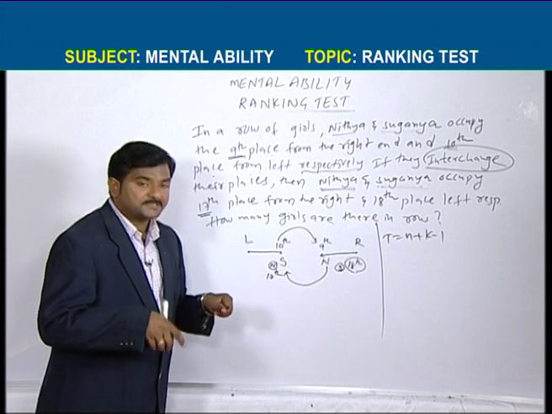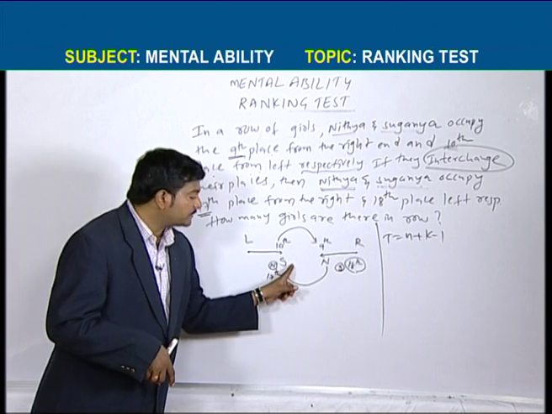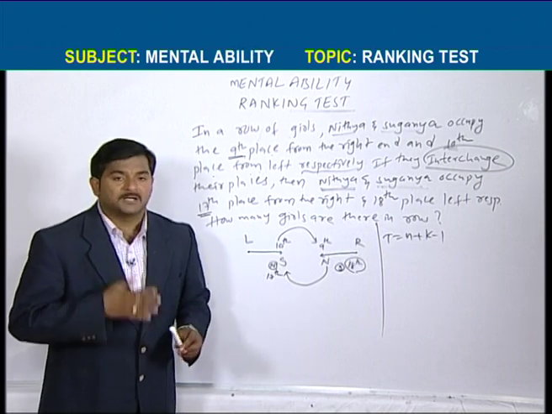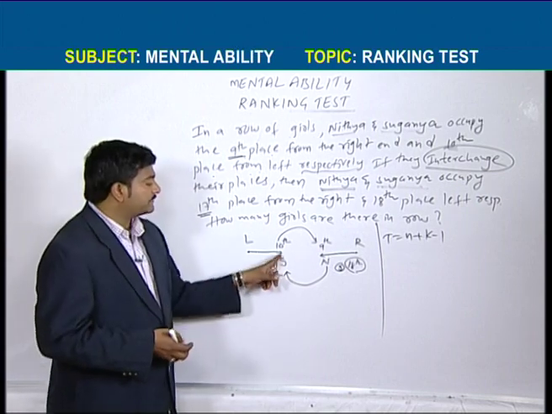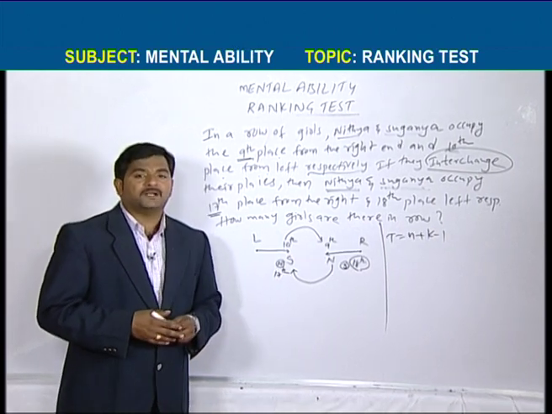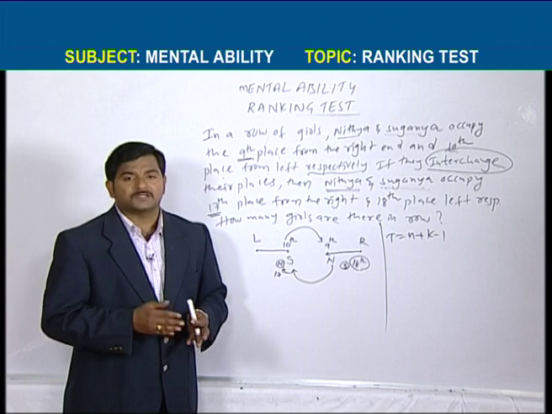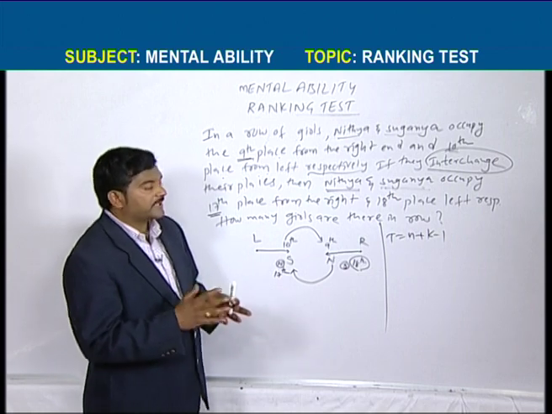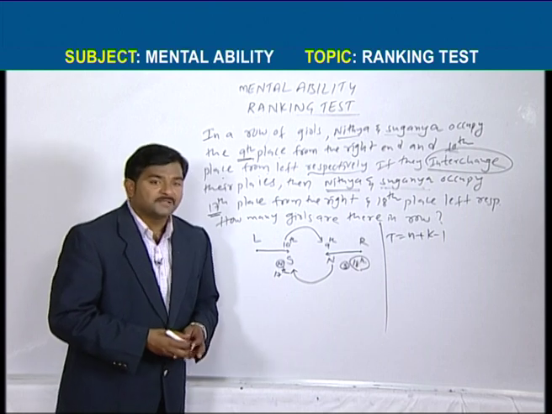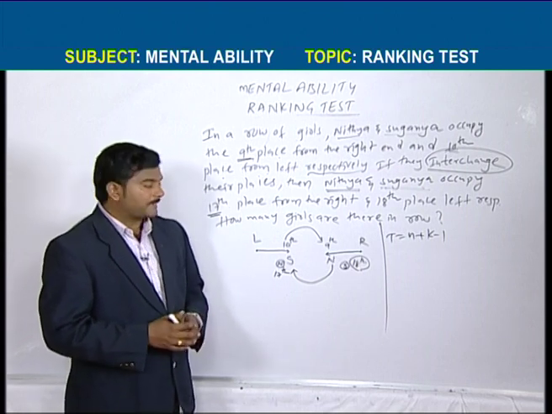Since Nitya is occupying Suganya's position, Nitya is also 10th position from the left side. Now I know Nitya's position from left and from right, so I can find the total number of girls in that row. I hope you understood, because after the interchange he gave both persons' positions, that's why we are able to find both. Okay, I hope you understood.